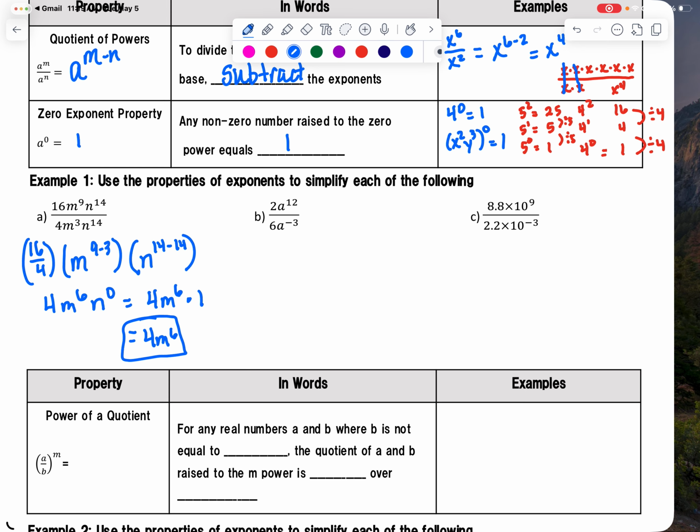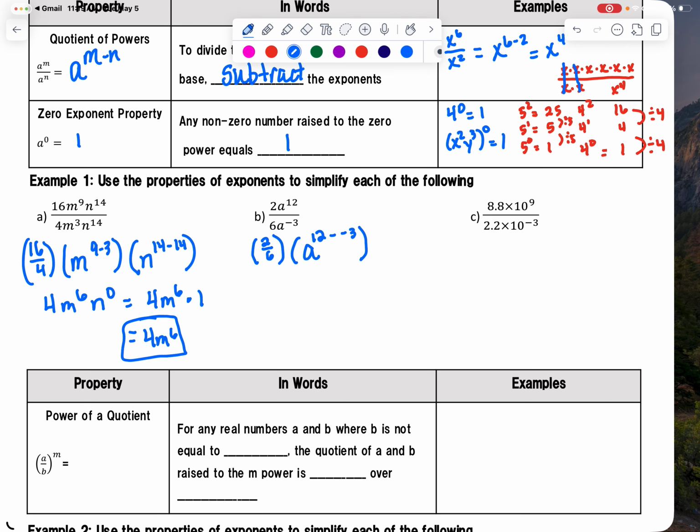We have 2a to the 12th power divided by 6a to the negative 3 power. So again, I'll take my coefficients and divide them, and then my a's. So to divide like bases, you simply subtract the exponents. So we're subtracting 12 minus negative 3.